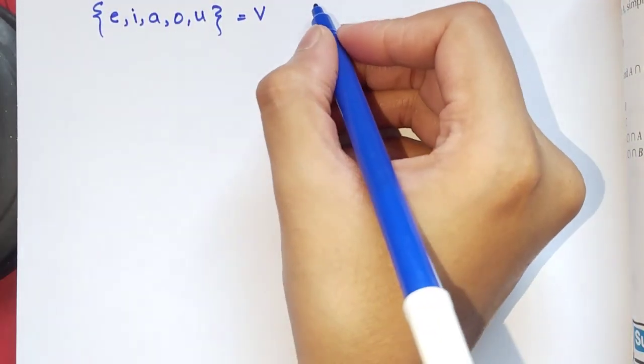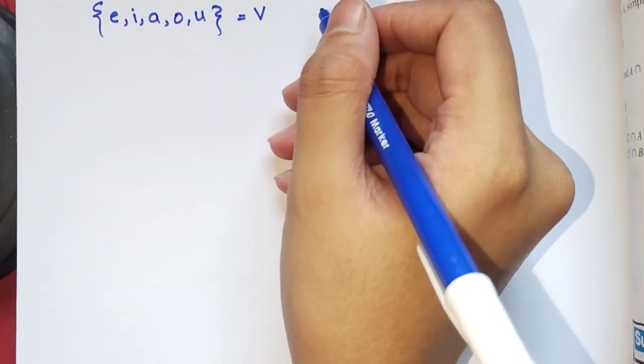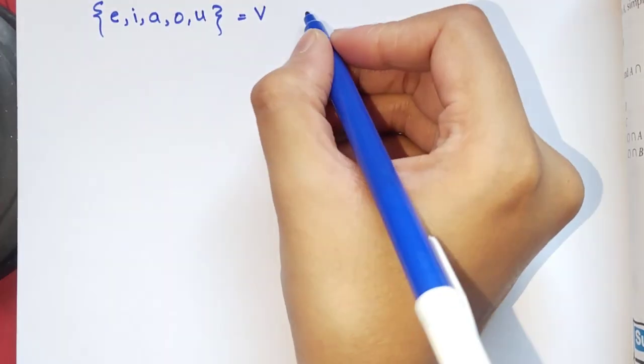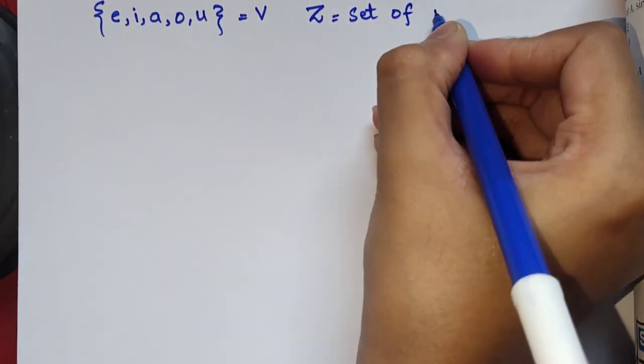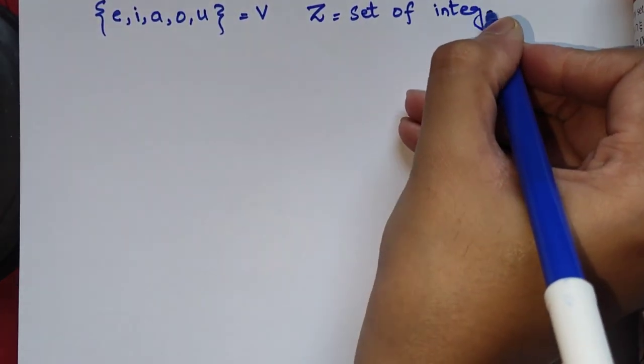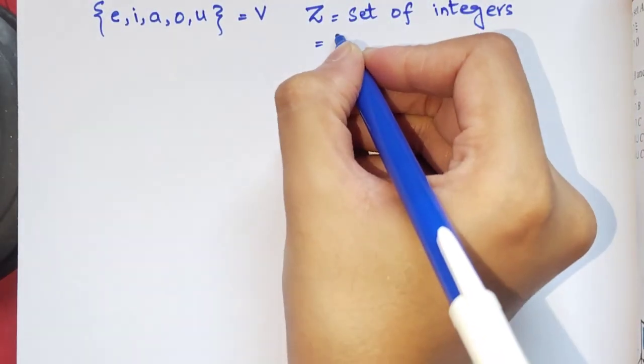Similarly, there are some sets which are denoted by specific symbols. For example, Z is called the set of integers. And what is Z? The set of integers. And what are the integers?